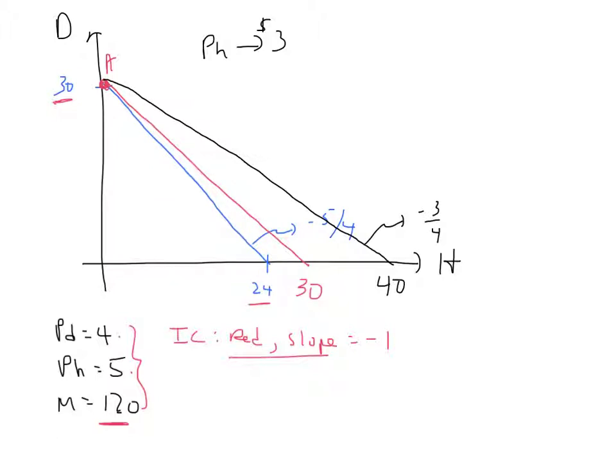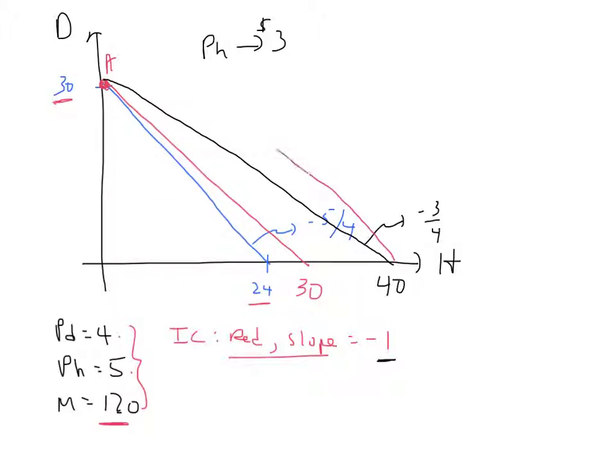And we can contemplate then where the red indifference curve is going to lie in relation to that budget. At this point, the indifference curve, which has the slope of -1, is now steeper than the budget, and therefore the best that the consumer can do is at the other corner.